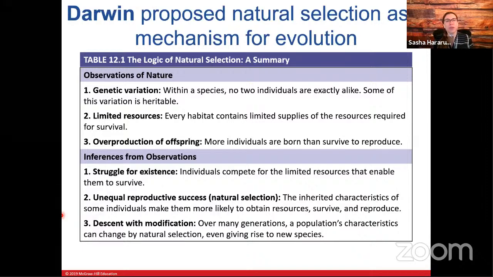So he made three inferences from his observations. The first inference was that individuals compete for the limited resources that enable them to survive. And this inference was heavily influenced by the work of his contemporary, Thomas Malthus. And Thomas Malthus was a British economist.